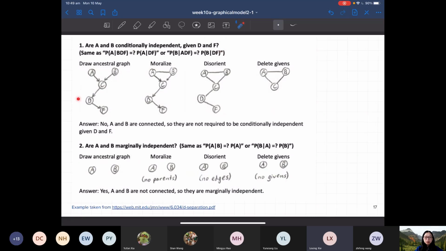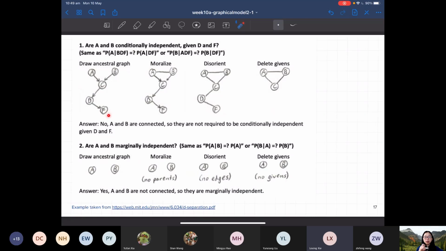If this is a fragment that exists in a larger graph, we basically pick all of these nodes in question and then take a subgraph that includes these nodes and their ancestors, meaning its ancestors, not parents.